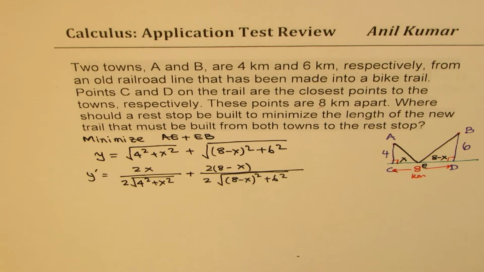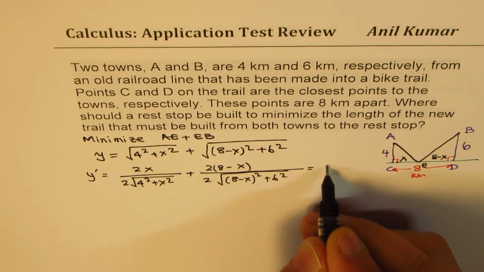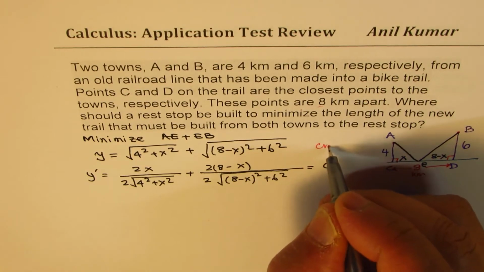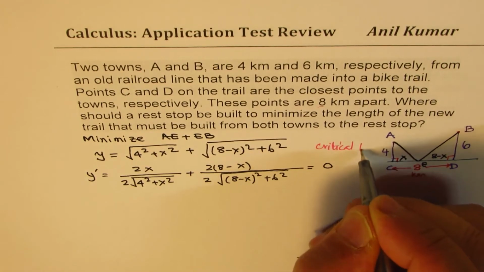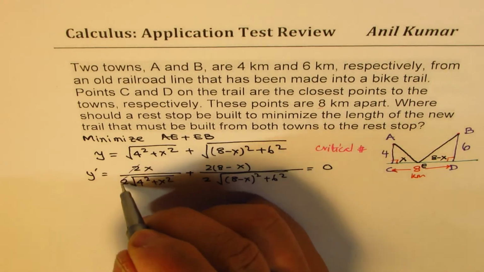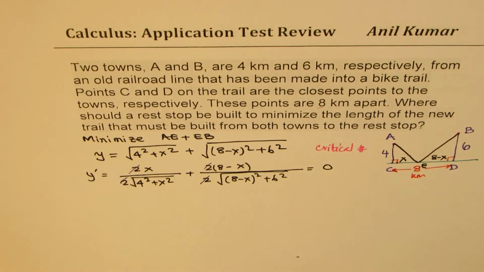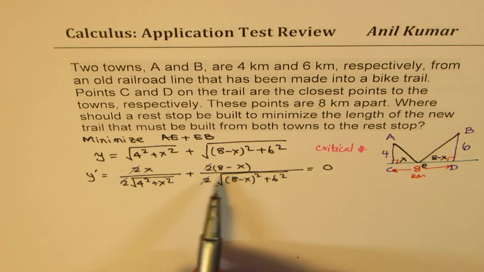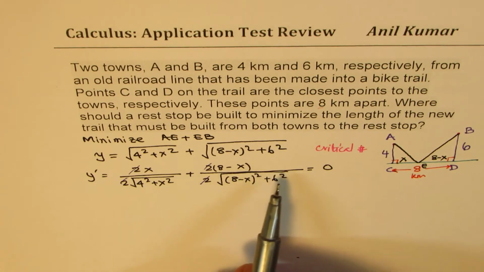So that becomes the derivative, and as we did in previous questions, we'll equate it to 0 to get the critical number. Perfect. You could simplify this, cancelling these 2's. Now what? So now we can just equate them.